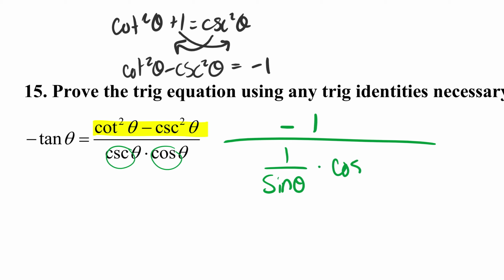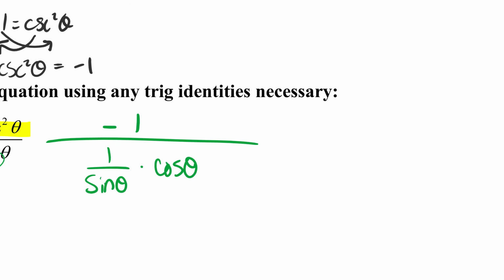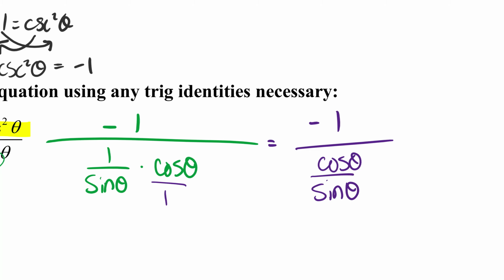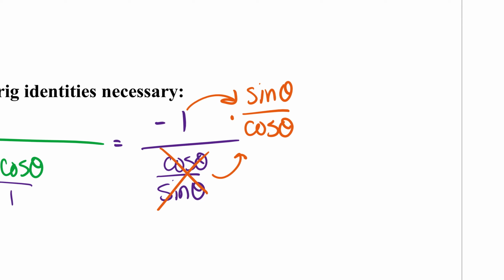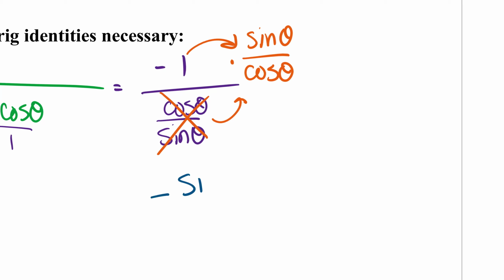I don't have to change that one. Going from here, I have -1 over, and remember, this is just like we just did, this is cosine over sine. This fraction can move up, and I flip it. So I have -1 times this, which would be negative sine theta over cosine theta.